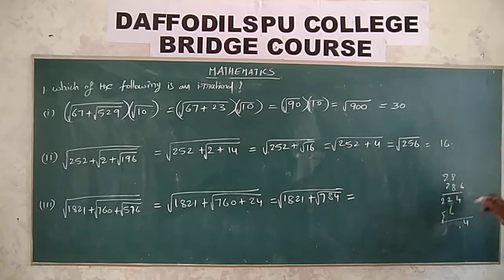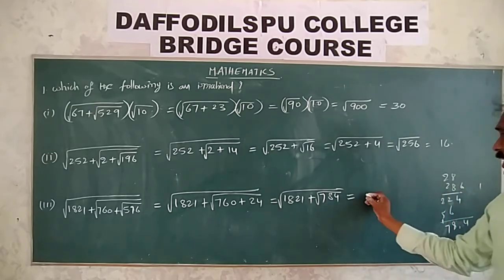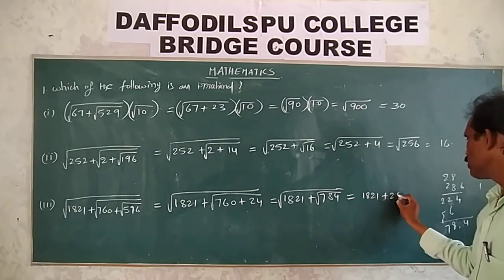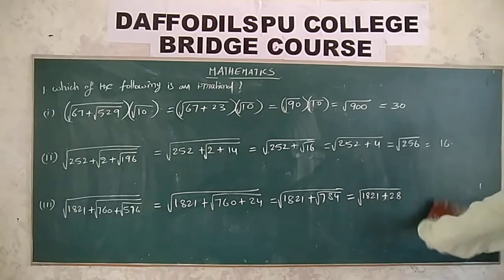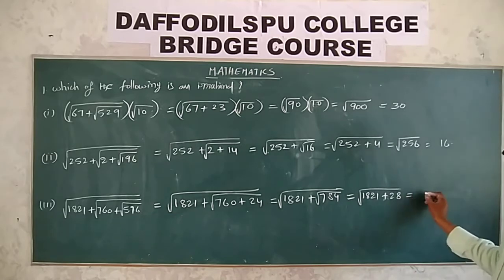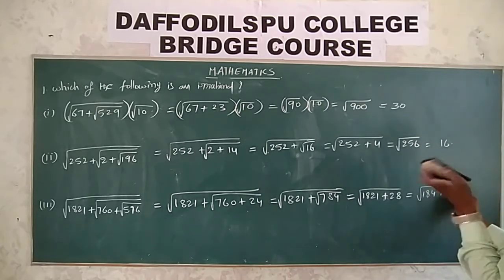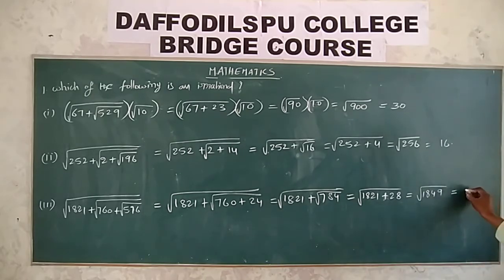So therefore 28. 1821 plus 28, this value is equal to the square root of 1849. So that value is 43. So therefore 43.